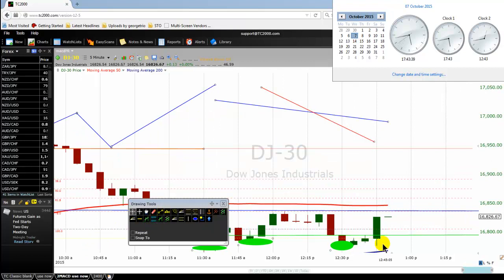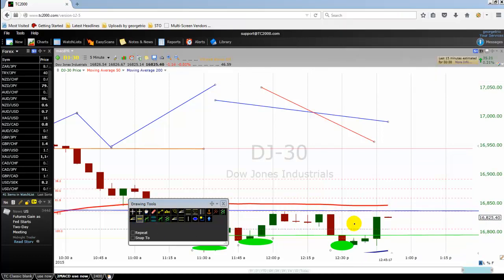Here we are, buying Dow Jones at 16826. Let's move my green line there and draw another line there. Right there, 16826.